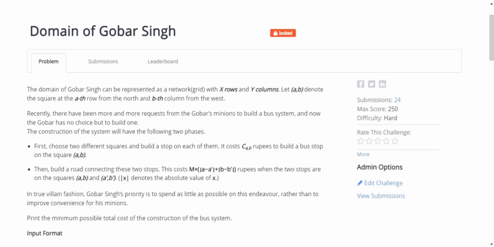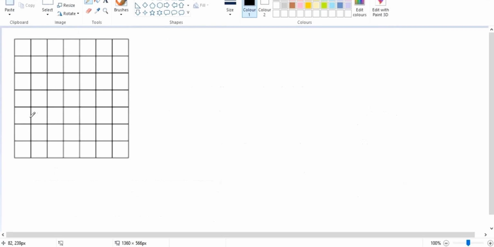To have a closer look, let's say this particular grid. My first bus stop is over here and my second bus stop is over here. Now there could be multiple possible ways of constructing roads between these two bus stops. Consider that I have constructed the road like this. Now m will be the cost required to construct the road starting from this cell till this cell.